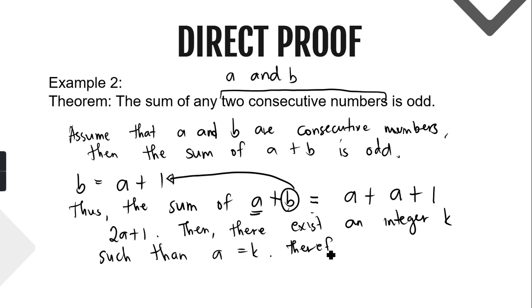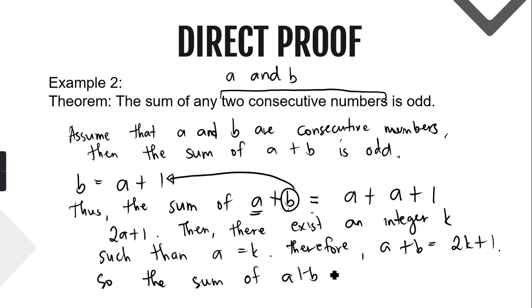Therefore, A plus B is equal to 2k plus 1. So, the sum of A plus B is odd. Tapos, ang ating proof. Ayan.